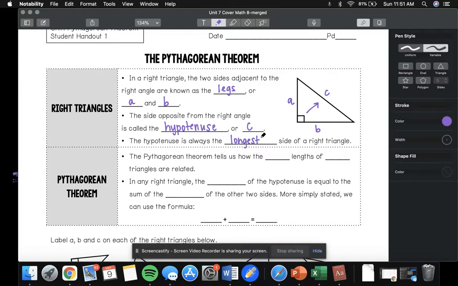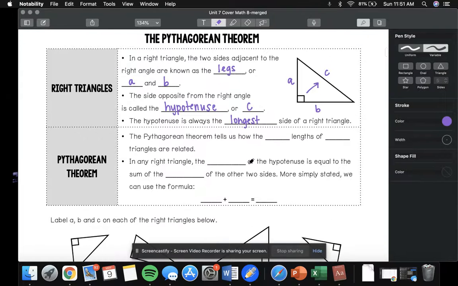Okay, and so then on Friday, we played around and came up with this rule. So it says the Pythagorean theorem tells us how the side lengths of right triangles are related to each other.